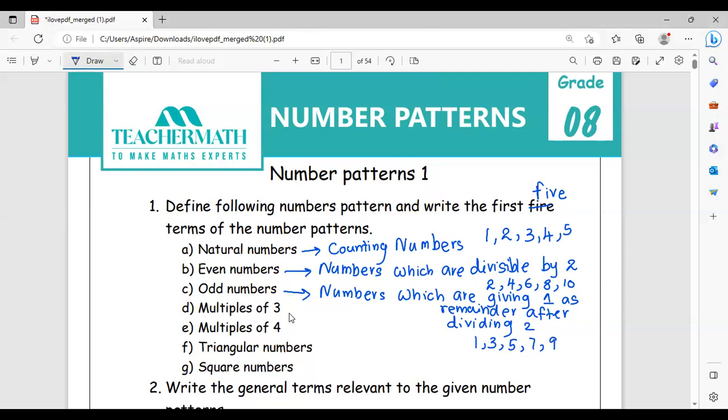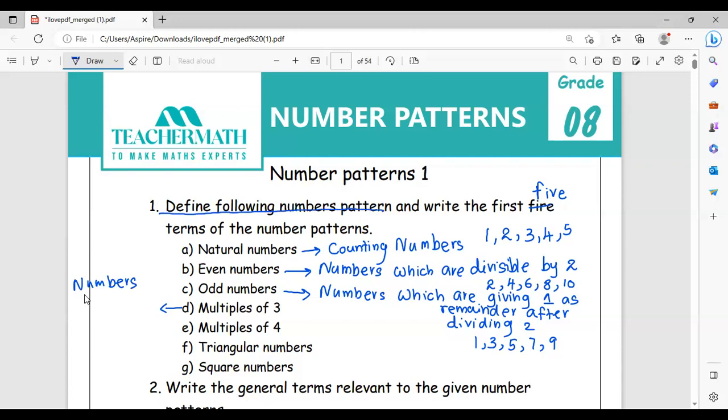Multiples of 3. What are the multiples of 3? 3, 6, 9, 12, 15. Yes, we say multiples of 3 means numbers, you are asked to define these number patterns, no?